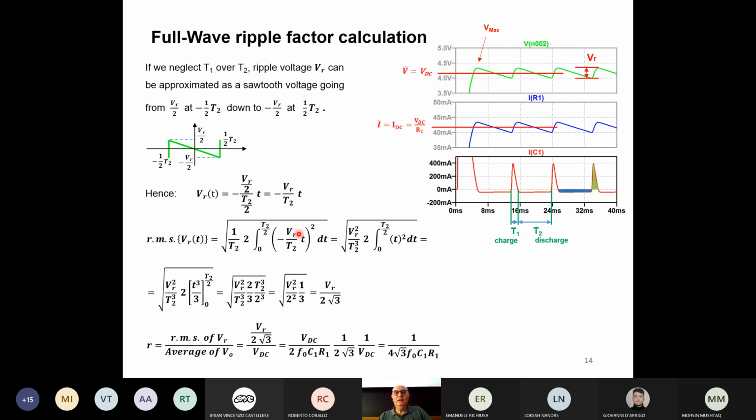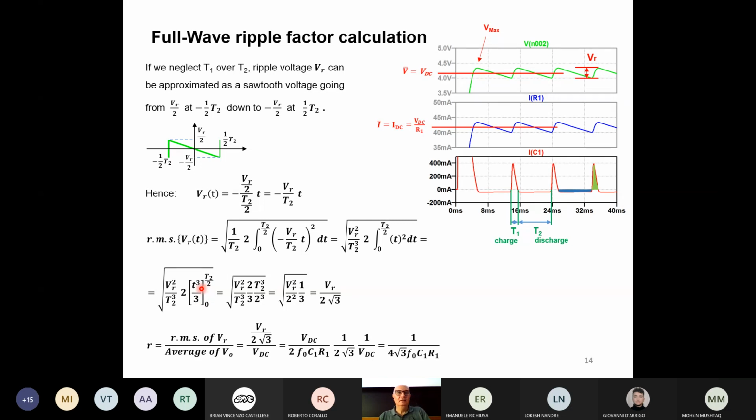Basically, VR is the maximum, is a constant, is squared, and goes out of the integral. T2 is again a constant, is squared, goes out of the integral, but it's elevated to the third power because 1 over T2 was already there. So we have to calculate the integral between 0 and half of T2 of the square of time. Which means, if we remember, 1/3 of the cube of T.